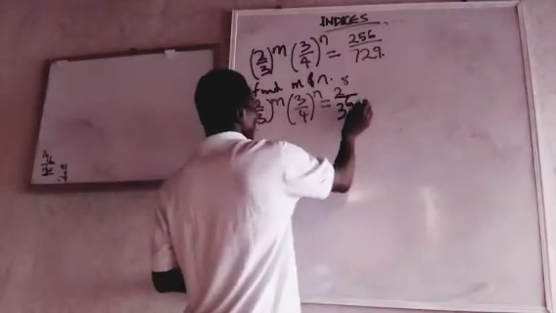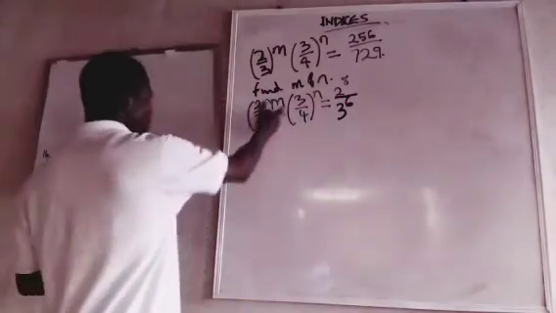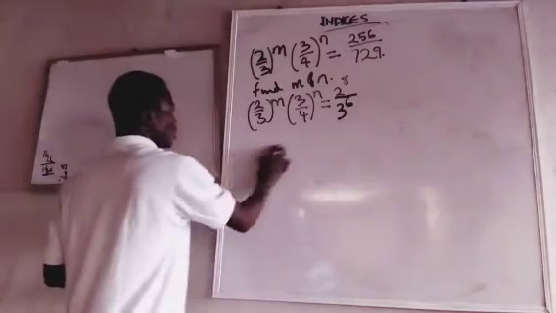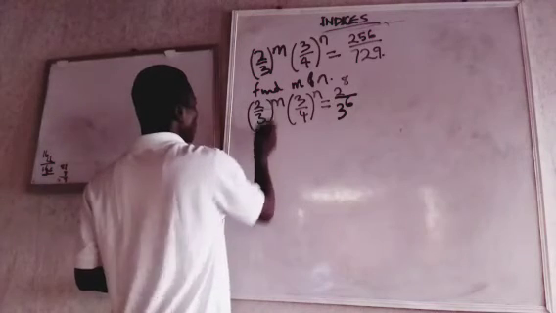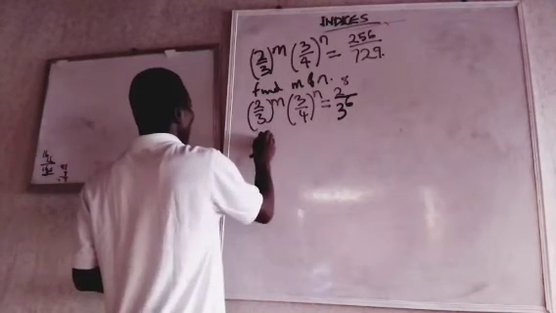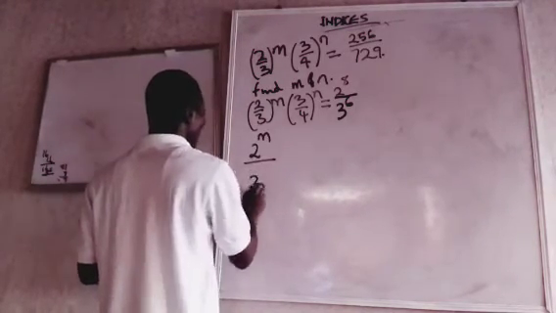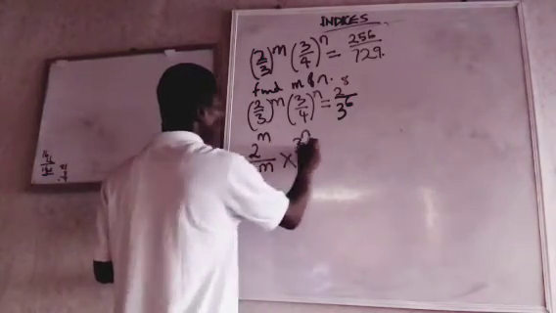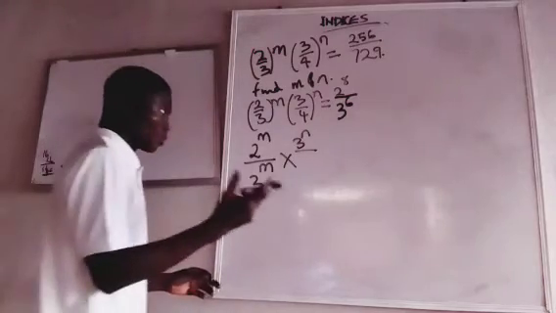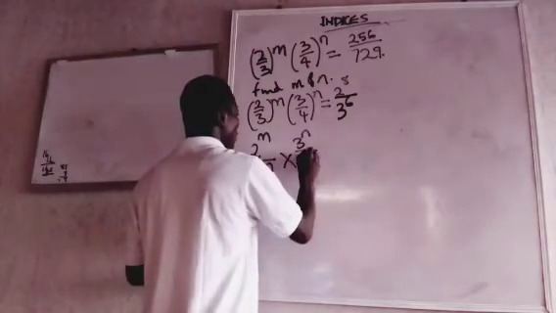And now we are going to develop simultaneous equations, simple ones. So for us to do that, this one is going to be 2 raised to power n over 3 raised to power n, times 3 raised to power m over, you can see that 4 is 2 squared, 2 raised to power 2m.